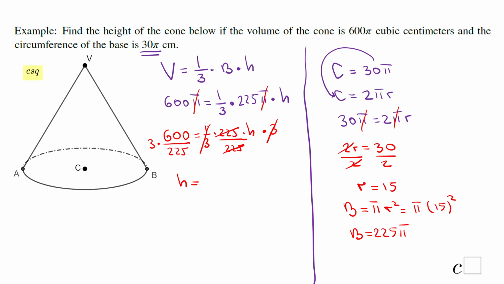I'm going to use a calculator now. And we have 3 times 600 divide by 225. And I end up with 8. The height of this cone is 8 centimeters.